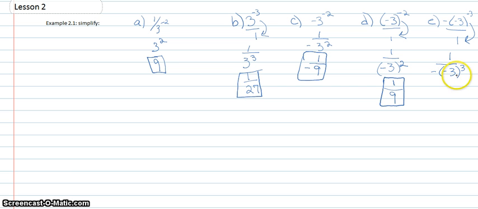Okay, now when we cube this, we're cubing our negative 3. So we're going to have 1 over, and this negative I'm just bringing down from that negative right there. And this is going to be a negative 27 when I cube that. So now we have the opposite of a negative 27, so it's 1 over a positive 27.